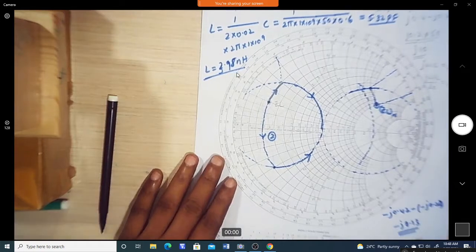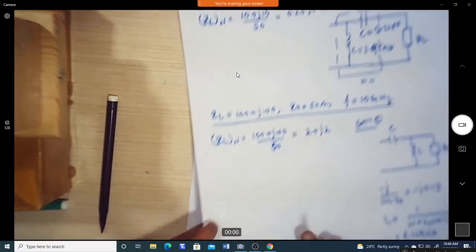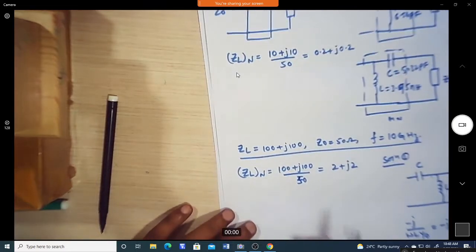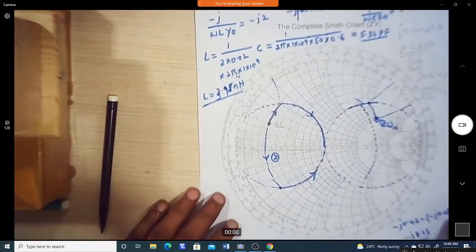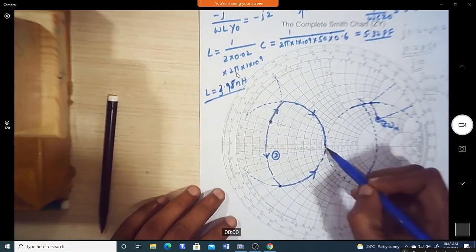Since we have a series capacitor, what is the equation for a series capacitor? It is minus j by omega C Z naught. So now we can see how much reactance is offered by the capacitor from this point to this point.